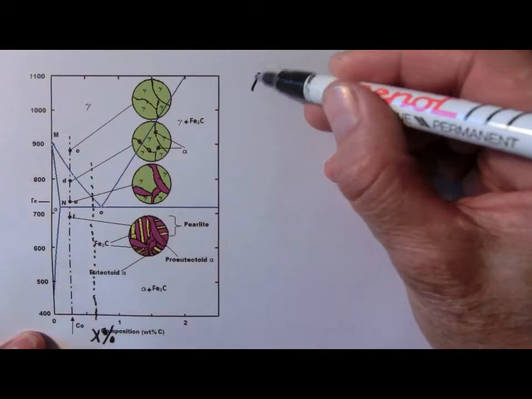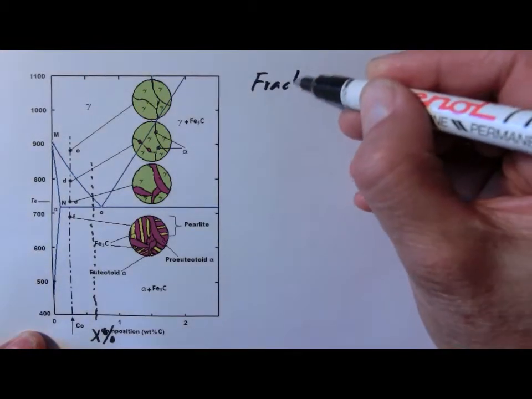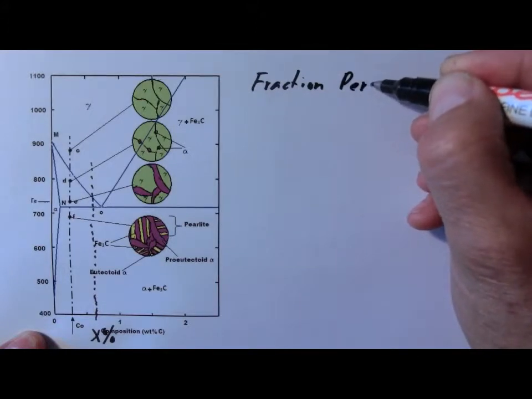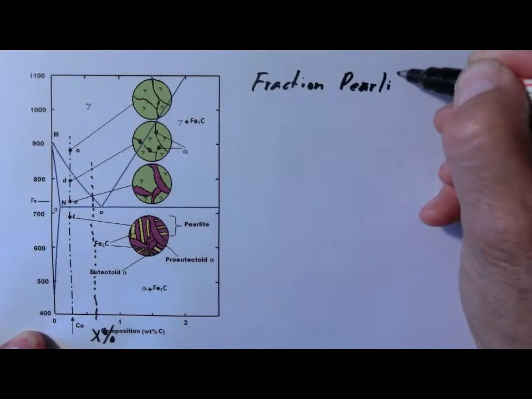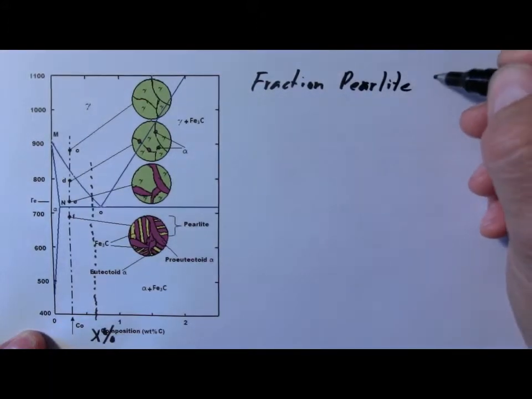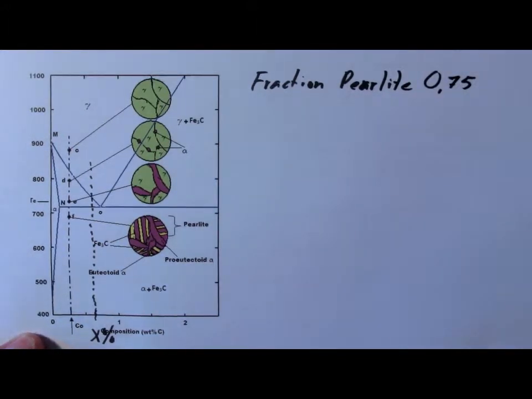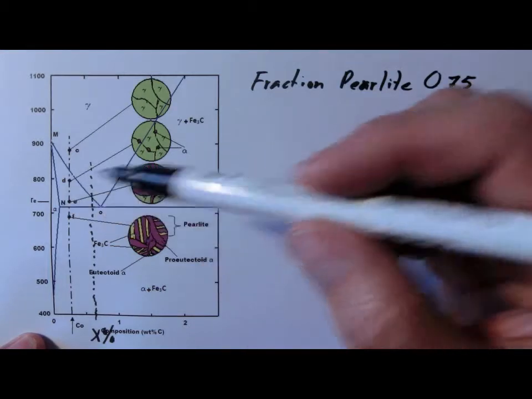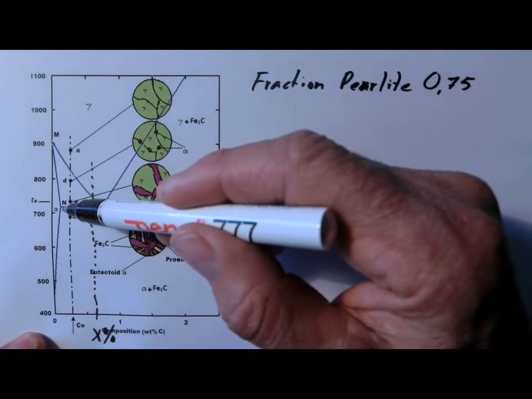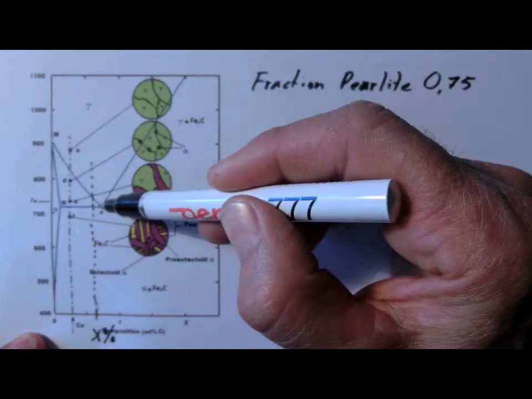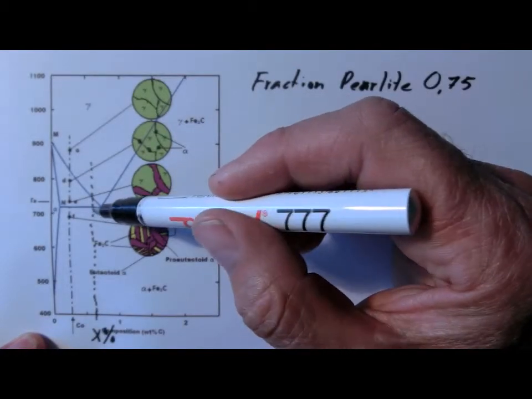We should also write down what we know. We know that the fraction perlite is 75%, or the fraction is 0.75. If we use the lever rule here, this distance relative to the whole distance will give us the fraction perlite.